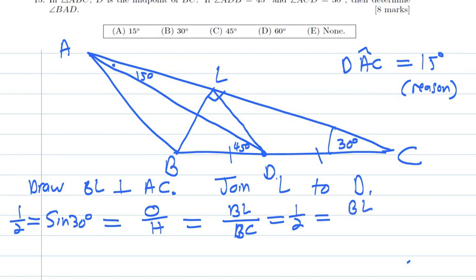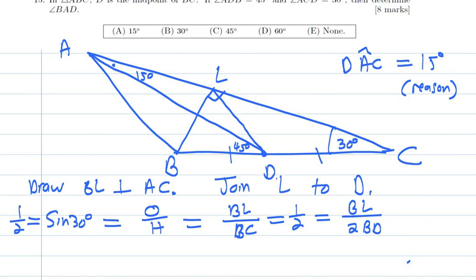Now, if you look at this carefully, BC can be written as twice BD. Can I get a smiley face that you see that sine 30 is opposite over hypotenuse, and BL is the opposite?